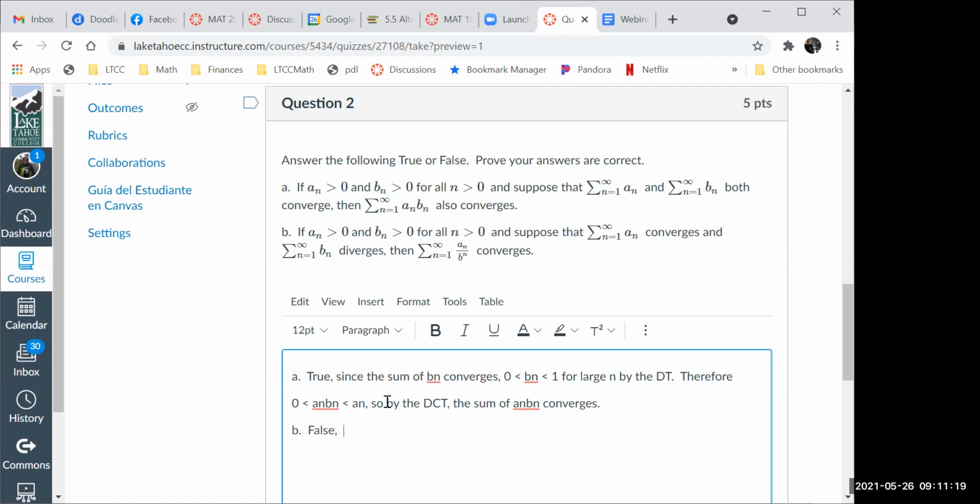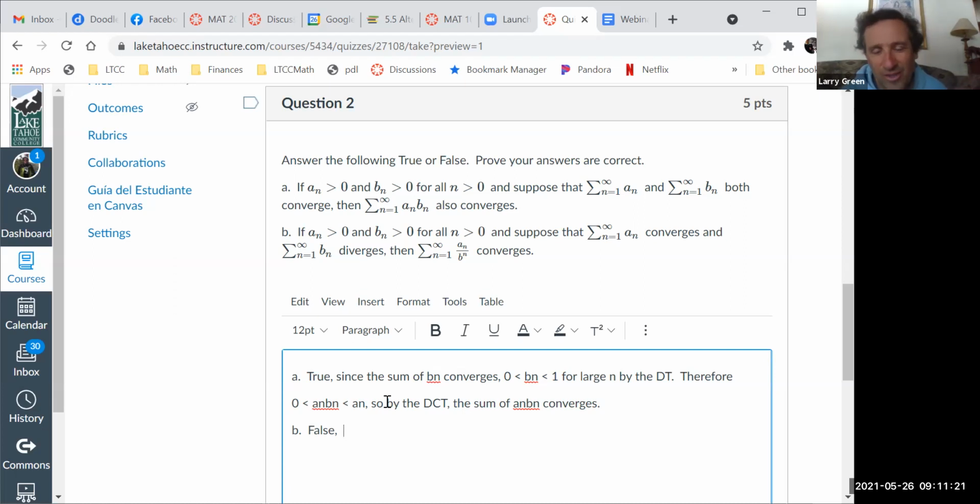Now I want an example. Which special series diverges? Hint is we've already seen it today. Yeah, the harmonic series, not test, but just the harmonic series. Okay, so let Bn equal 1 over n.